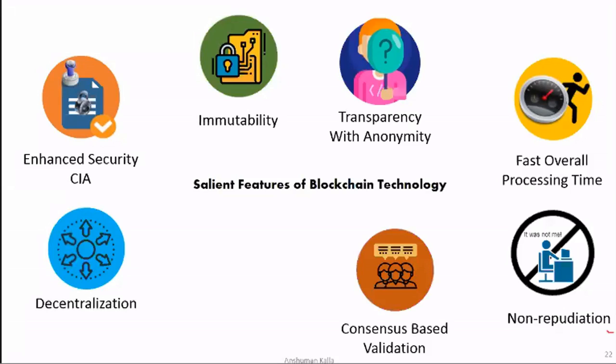Also, everything that happens in a blockchain system is validated based on consensus, right? So consensus actually has numerous advantages. For example, it allows the blockchain to be updated while ensuring that every block in the chain is valid, right?